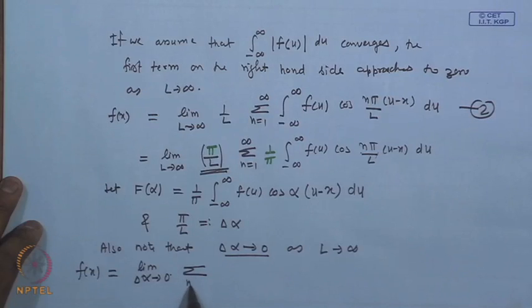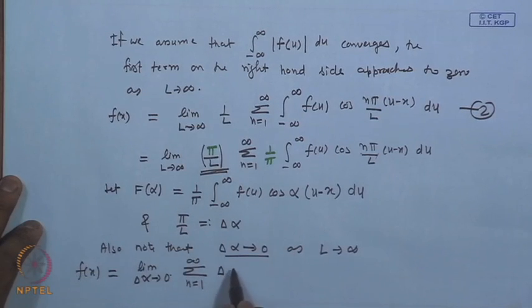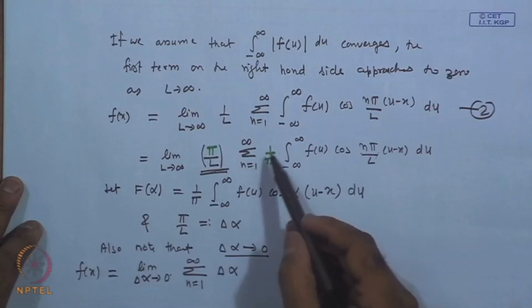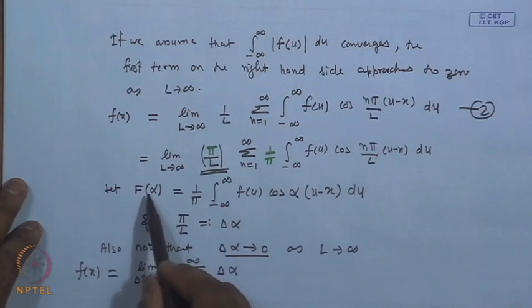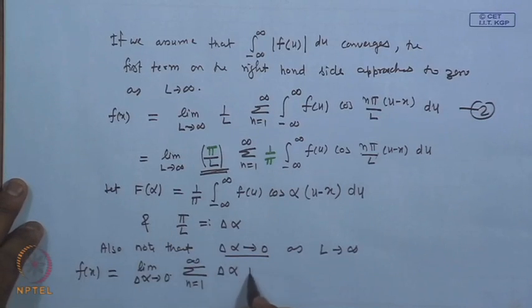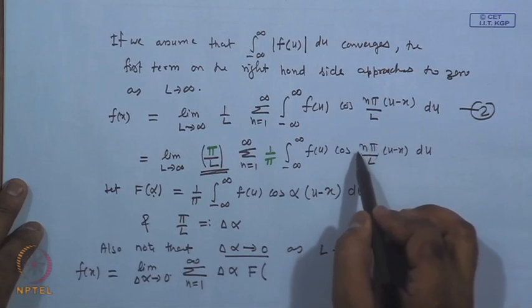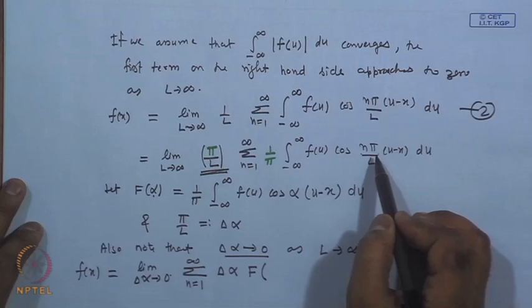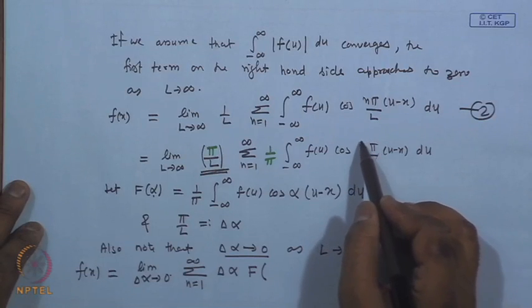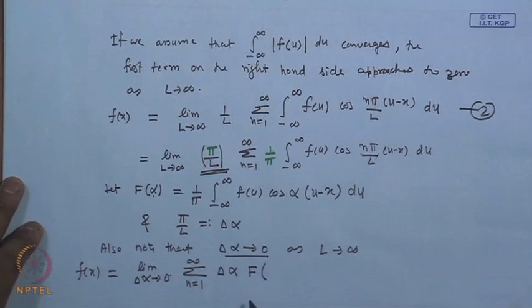Let me put it again inside the summation: sum from n = 1 to infinity of Δα times 1 over π and this quantity in terms of this f. Here α is nπ over L, and π over L is Δα, so this is nΔα. So, we have f(nΔα).